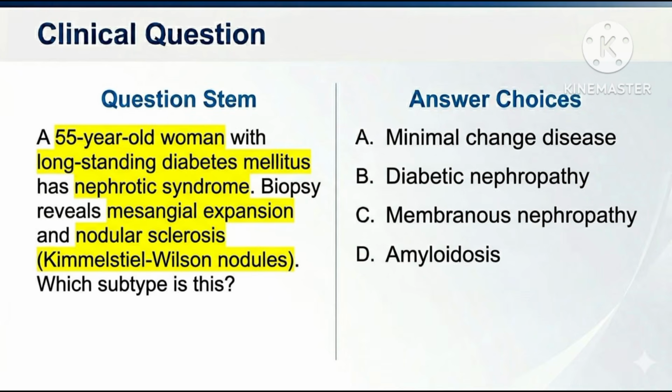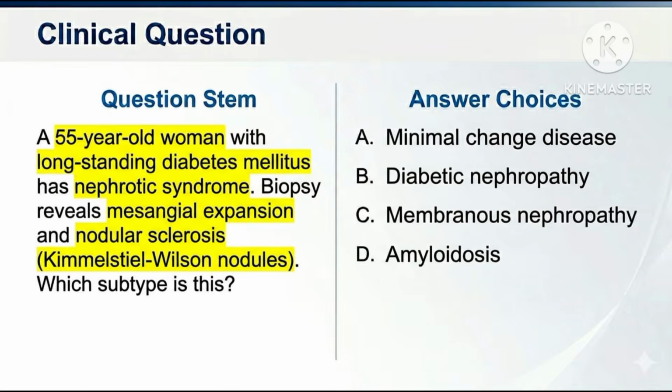Read this question stem. 55-year-old woman, history of diabetes, has nephrotic syndrome. Biopsy reveals mesangial expansion and nodular sclerosis. What is the cause? Diabetic nephropathy.